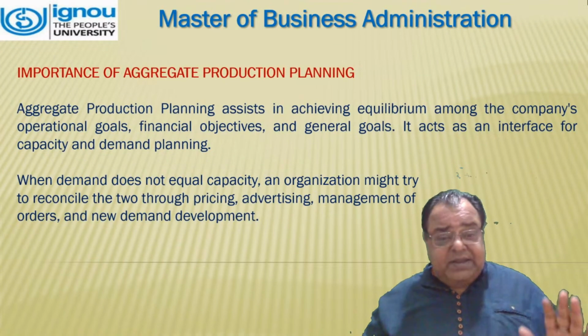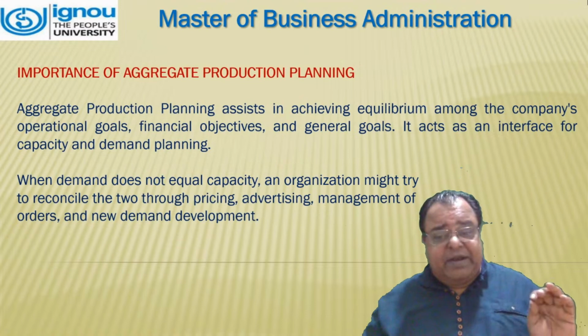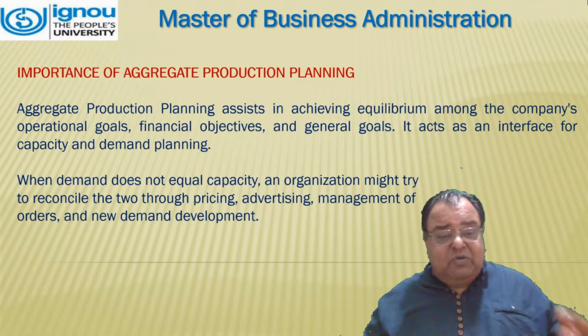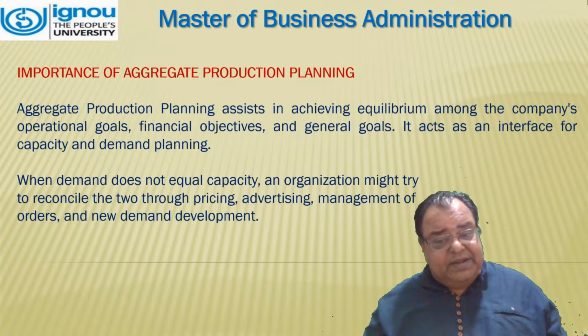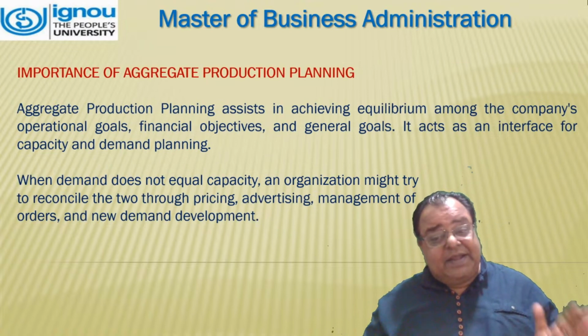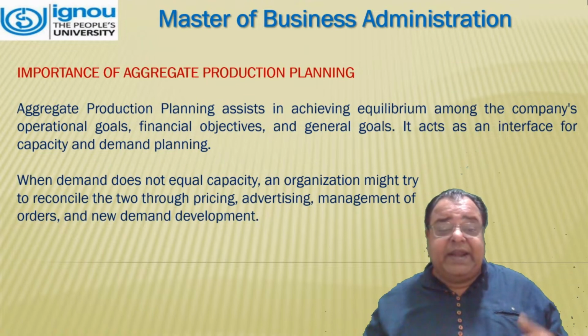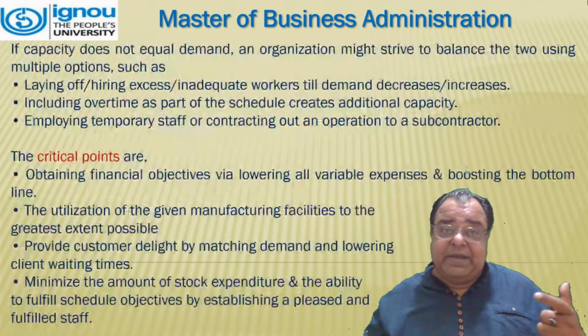When demand does not equal capacity, an organization might try to reconcile the two through pricing, advertising, management of orders, and so on, because you have to survive in the business.